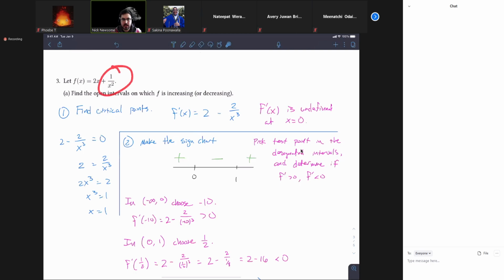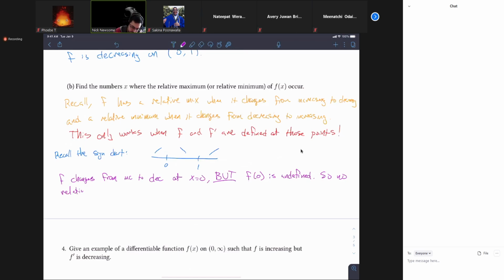So we cannot have a relative maximum because it's not defined at 0. That means there is no relative max here.